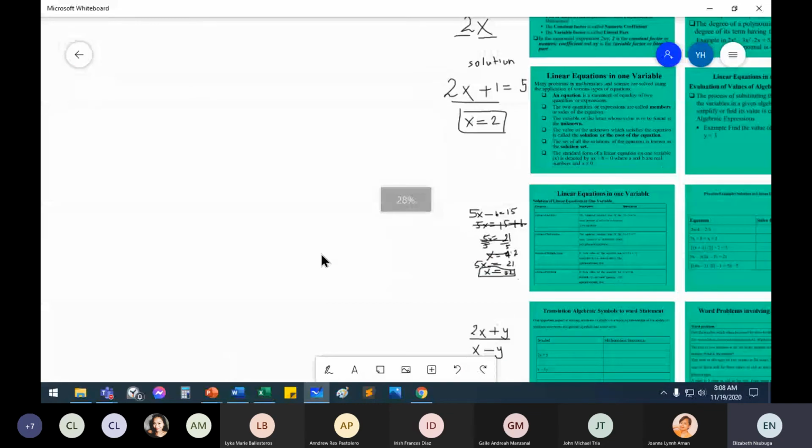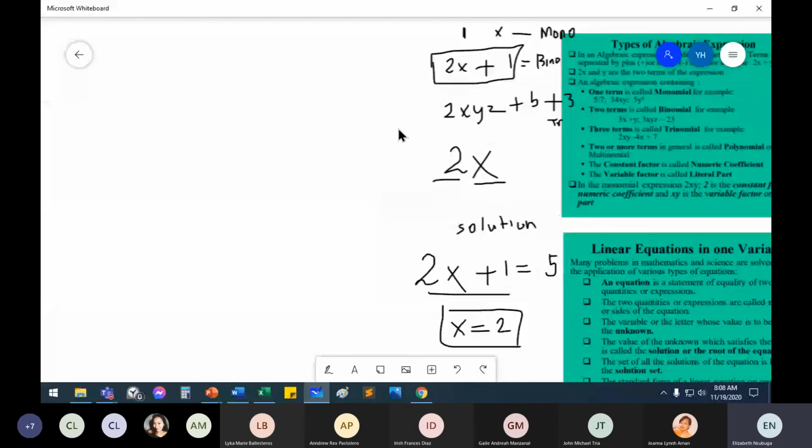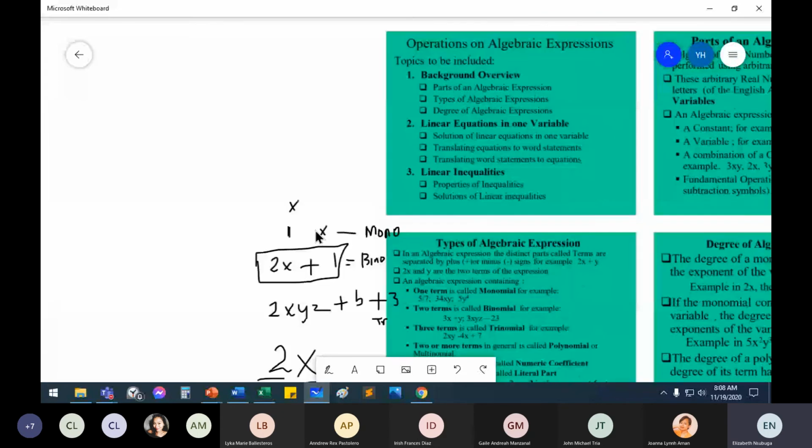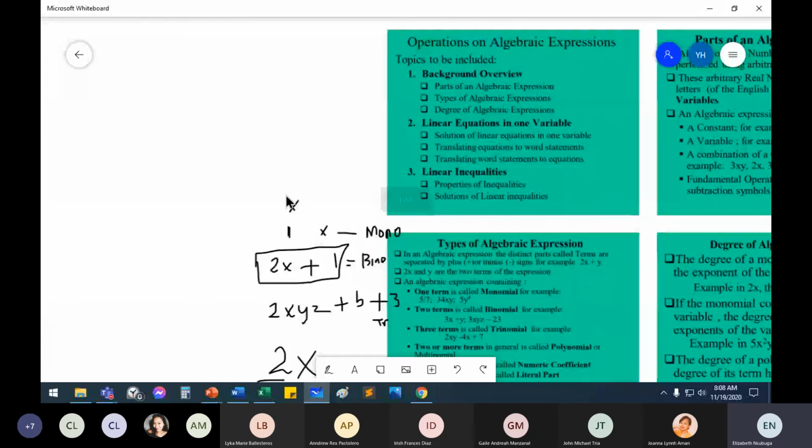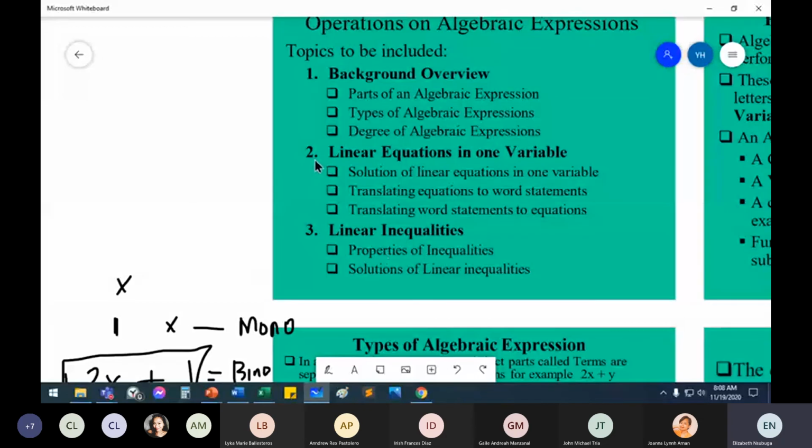Okay, if you can see, we are doing topic 2. This is just a background overview so that we know what is an algebraic expression, what is degree, but it's really not part of our assessment.